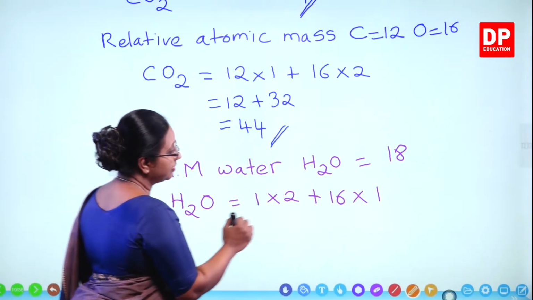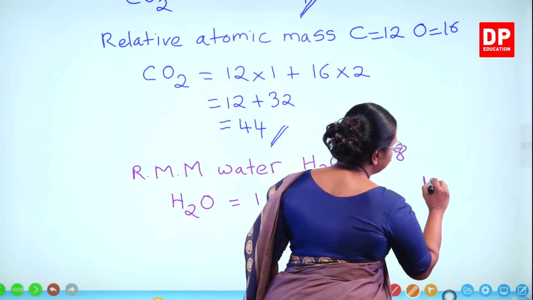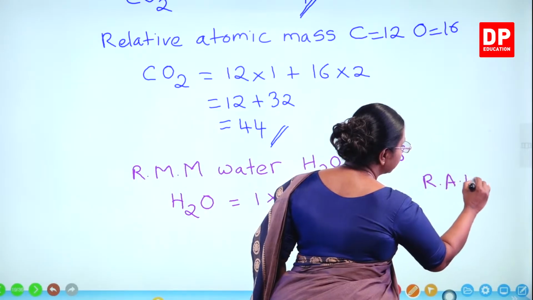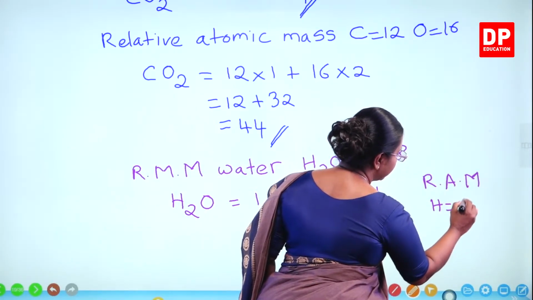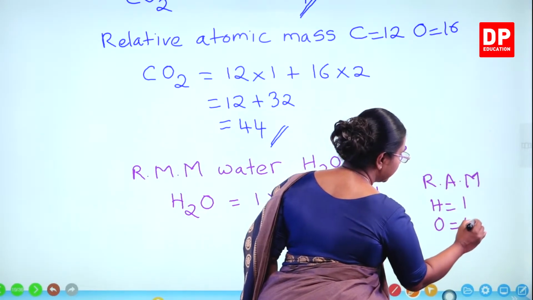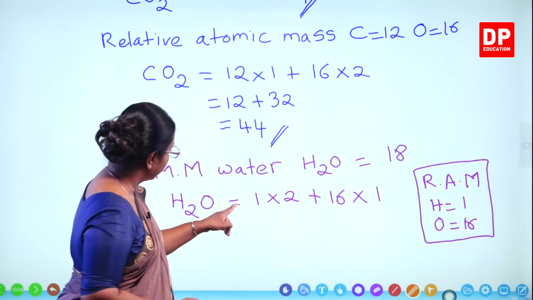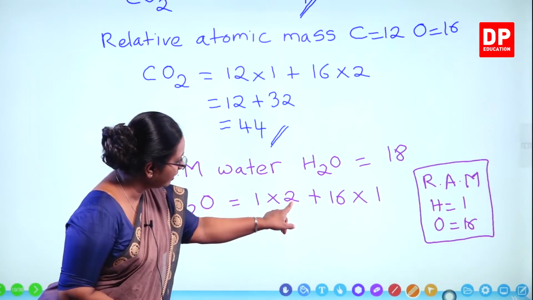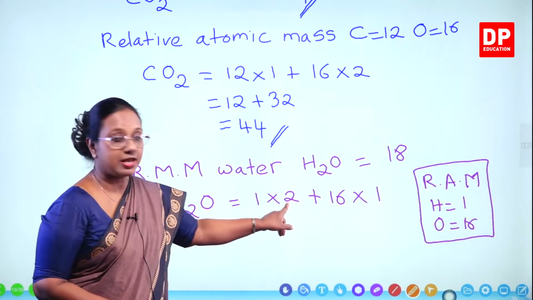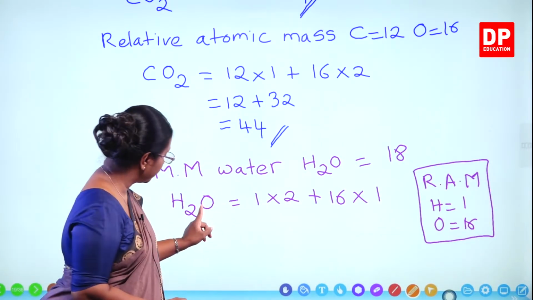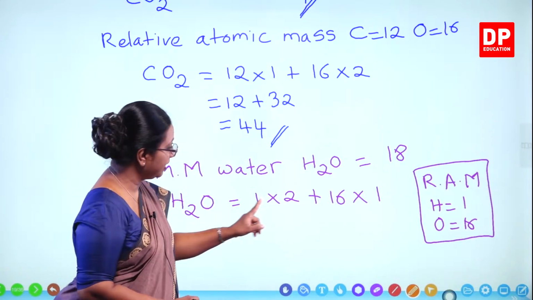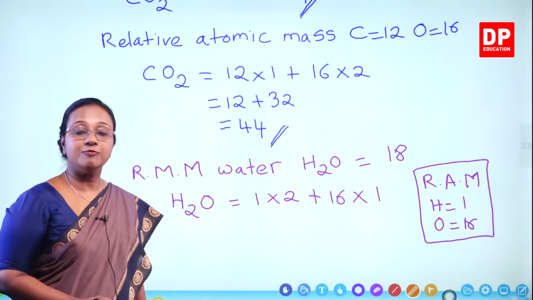As I said, for now I am showing you the value. Relative atomic mass of hydrogen is 1, oxygen is 16. So we are using these 2 values. Hydrogen is 1, we multiply it by 2 because there are 2 hydrogen atoms. 1 oxygen, 16, we just multiply it by 1.